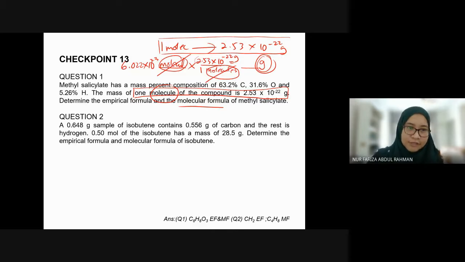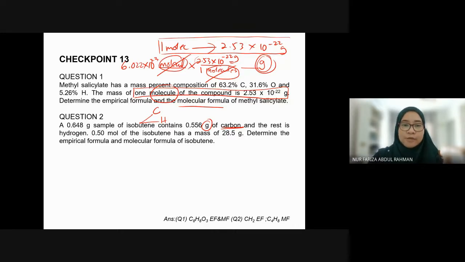Look at question number 2. It is slightly different because the mass is already given in the form of gram. A sample of isobutene consists of carbon and hydrogen, but only the mass of carbon is given, not hydrogen.